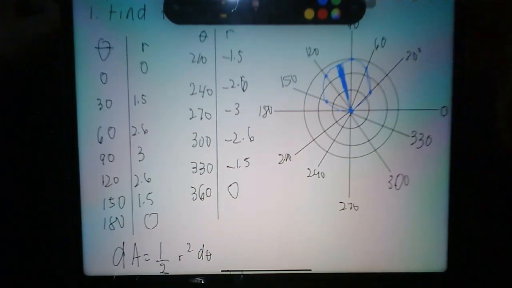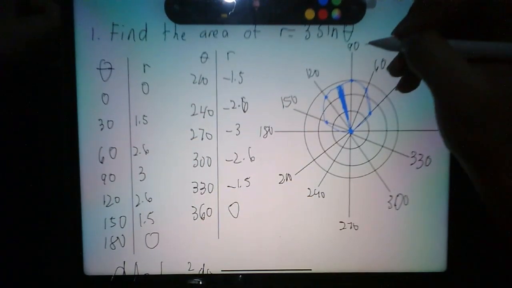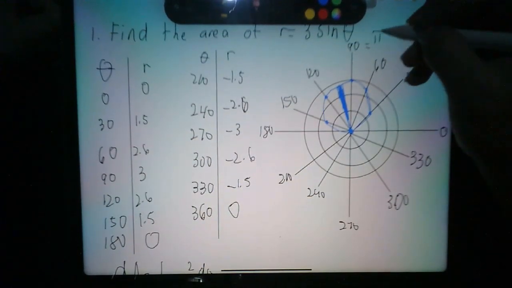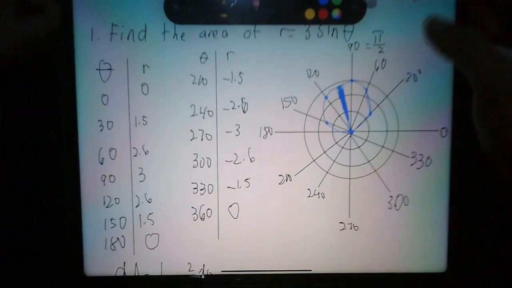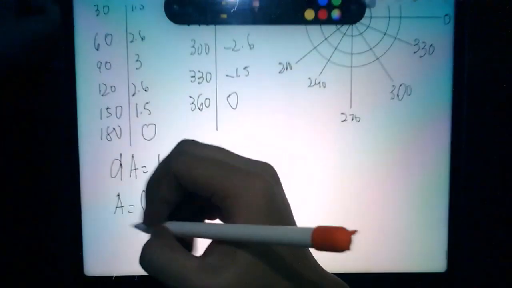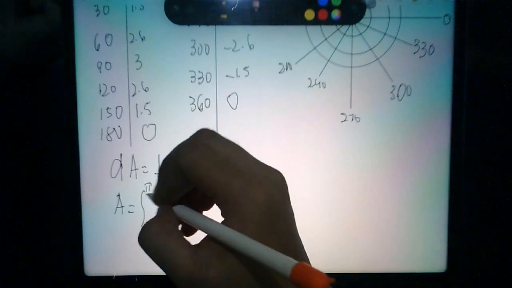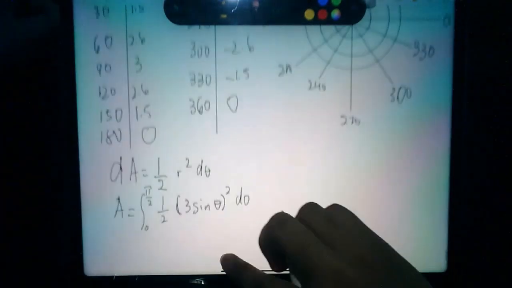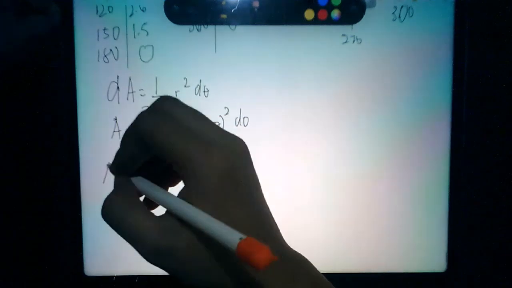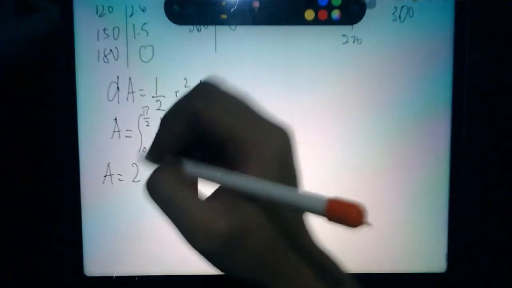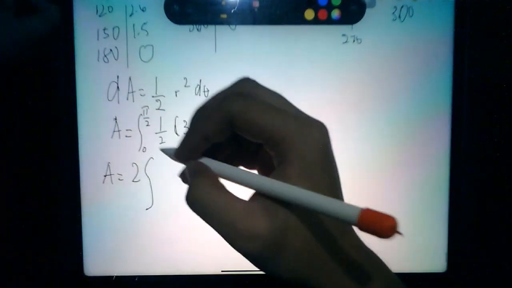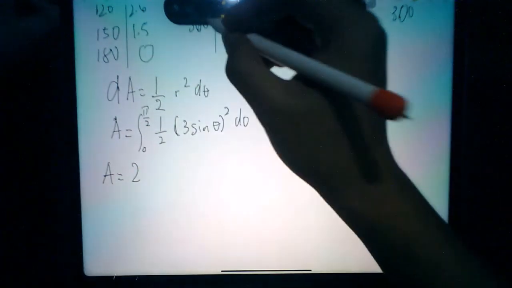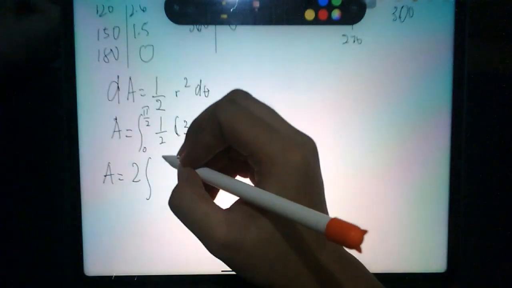Yes, 90 here is just equivalent to pi over 2. So let's do that. 0 to pi over 2, times 2, because this covers 2 areas. Okay, so area equals 2 times the integral of 1/2.